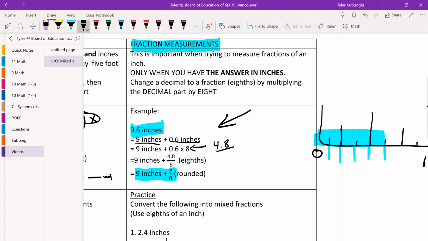We write 4.8 eighths. That's what that means. We don't really like to have a decimal, and 4.8 is kind of hard to see, so I'm going to round it to 5/8, and that's pretty close. That's good enough, and that's our final answer: the 9 inches that we had originally, plus that 5/8.